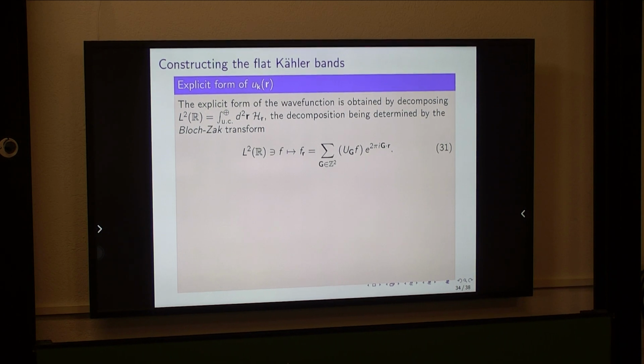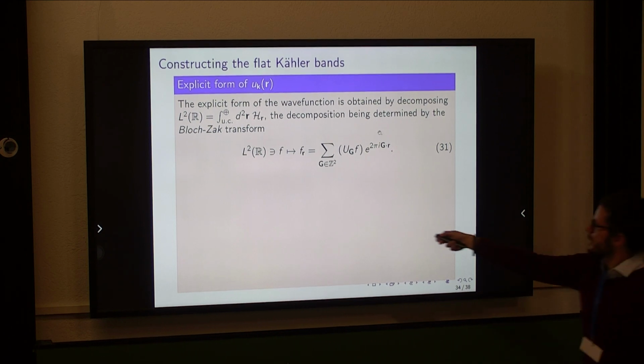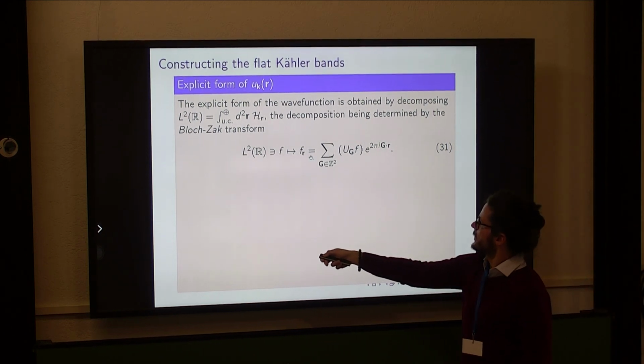And there is this transformation that allows you to retrieve this factor here, the Bloch-Zak transform, which simply sums over the action of U sub G and weights by the character of the lattice, and you can see that this F of R has the correct transformation law.